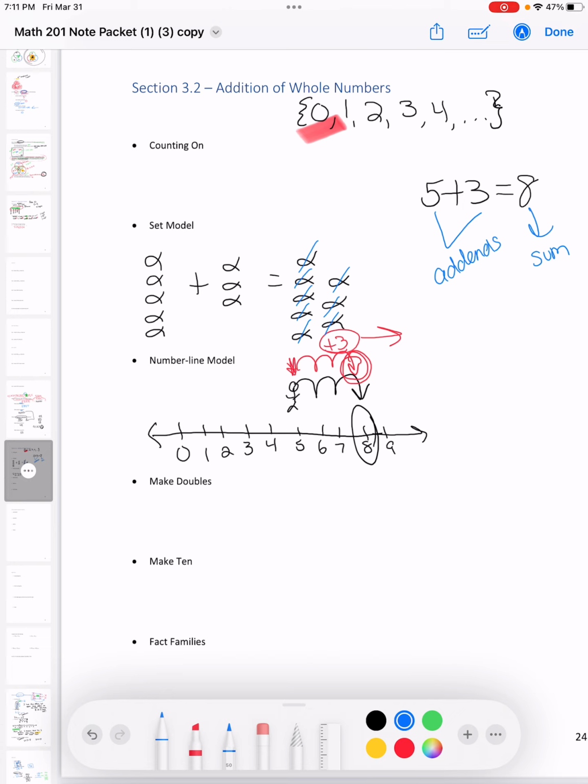We can get the answer 8, but we want them to get more fluent, faster. So instead of starting at 1, we want them to start at the number 5 and say 5 and then start counting with their fingers or manipulatives or something. 6, 7, 8. So we can see those 3 numbers there.